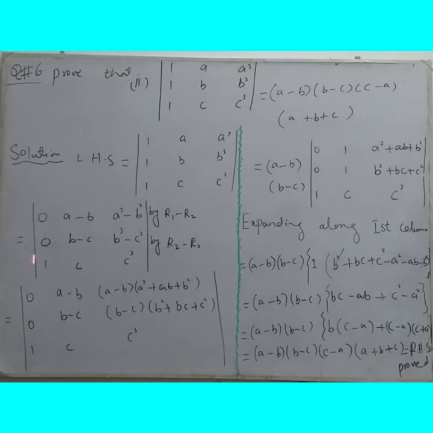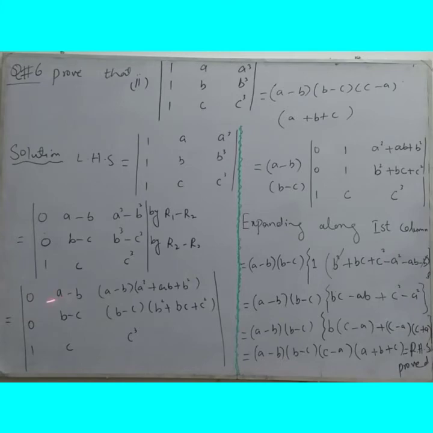Now we have first column 0 0 1, second column a minus b, b minus c, c. For the third column, we will use the formula of a cube minus b cube, which is equal to a minus b into a square plus ab plus b square. Similarly for b cube minus c cube, using the cube formula again, we have b minus c into b square plus bc plus c square, and the last element c cube.